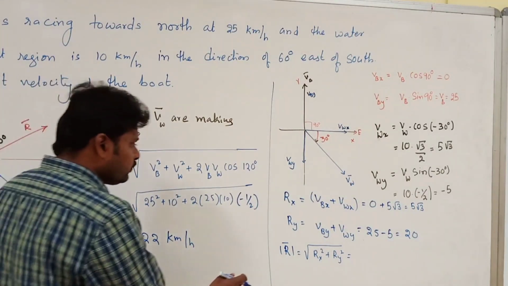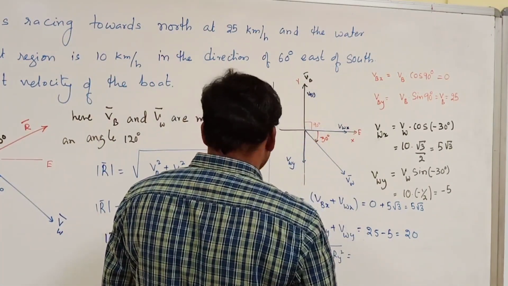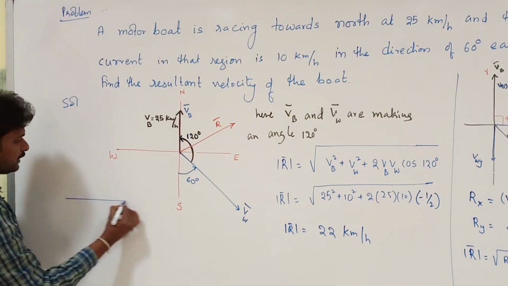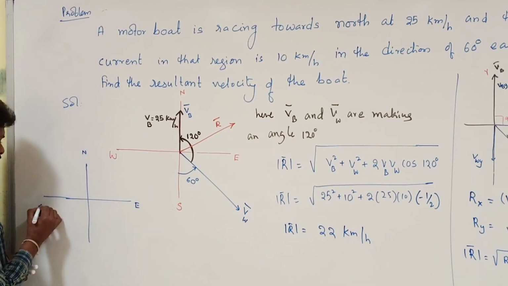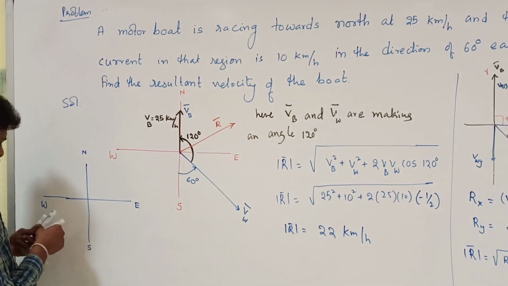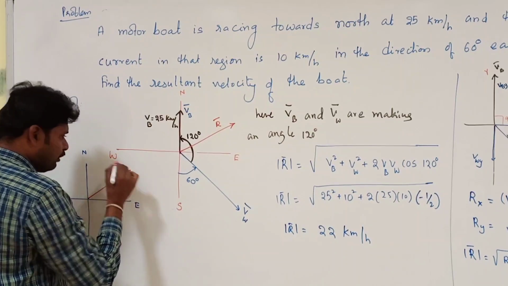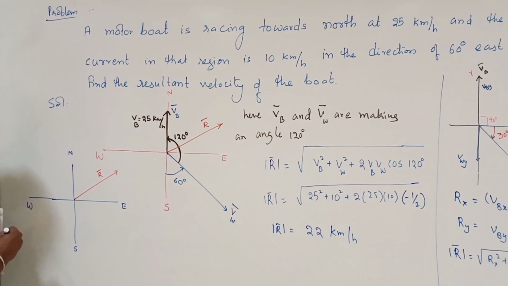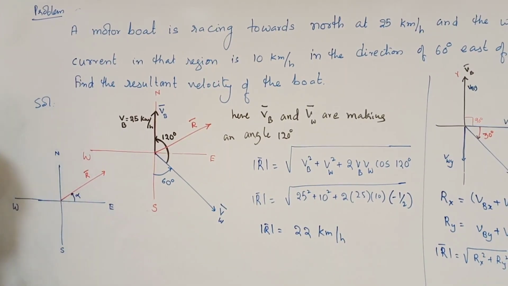Next. Now, considering the east direction, north direction, west direction, south direction, here the R vector is there. We have already found the R vector magnitude. What angle it makes, we don't know, but let us assume it as alpha.